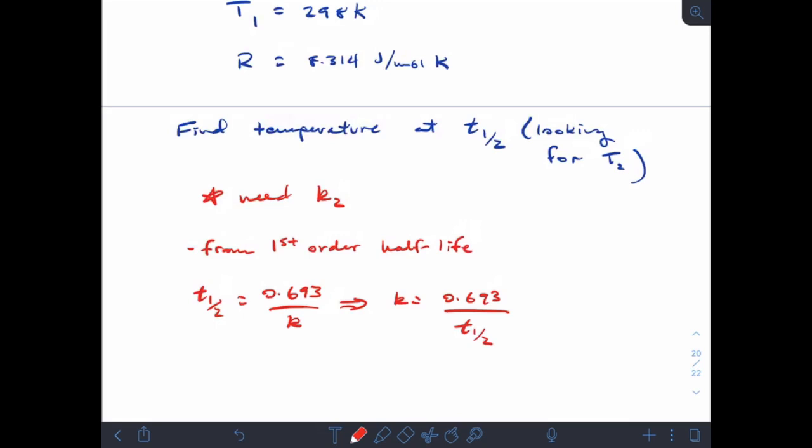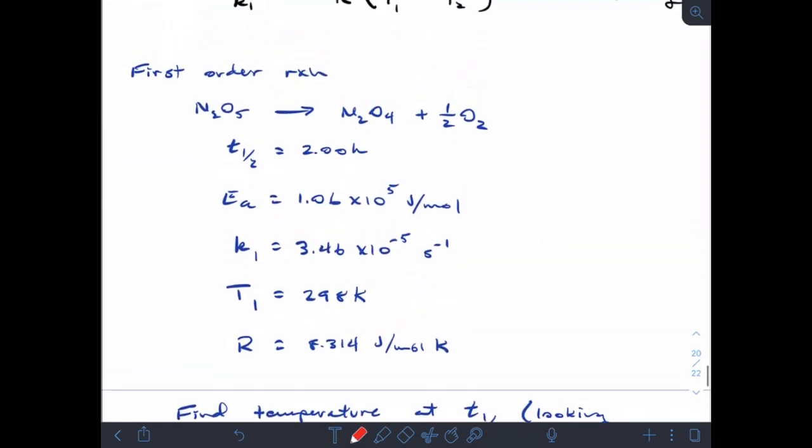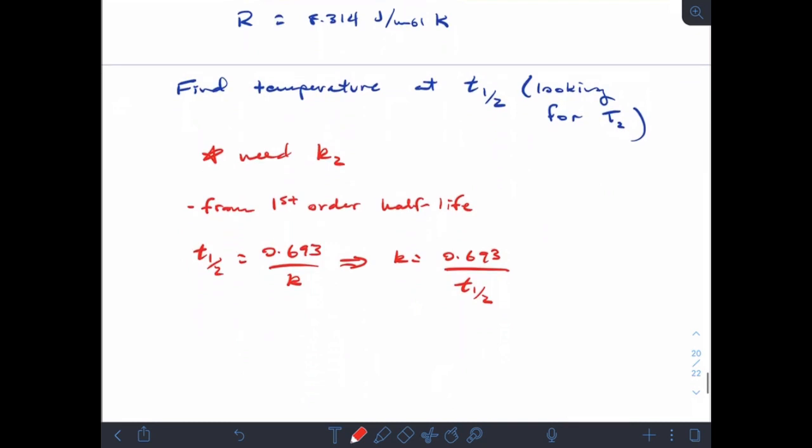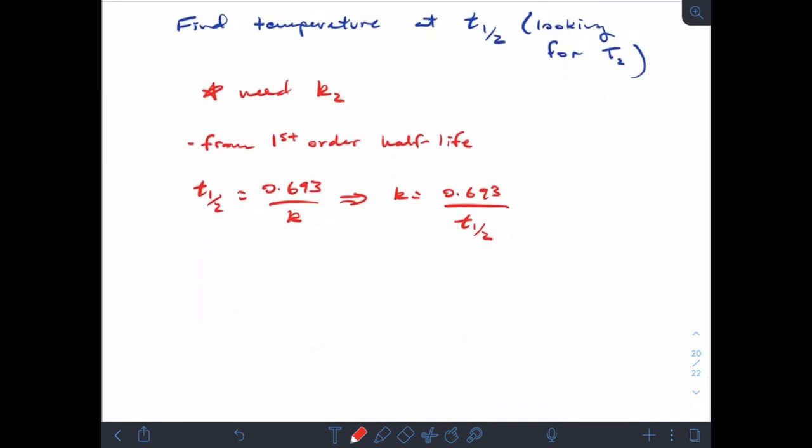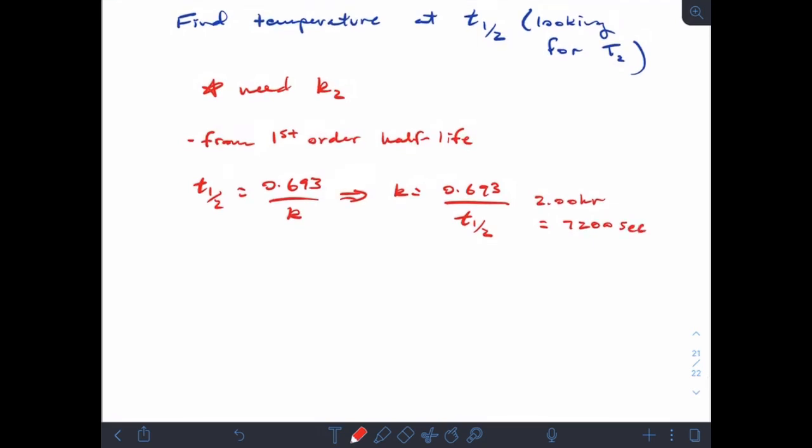Okay, now keeping in mind, let's take a look at K1. Notice that K1 is in inverse seconds, right? So we need to make sure that all of our units match. So we're given a half-life in hours. So 2 hours equals 7,200 seconds. Right?